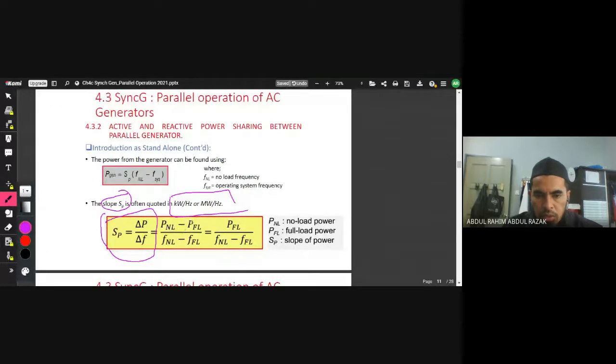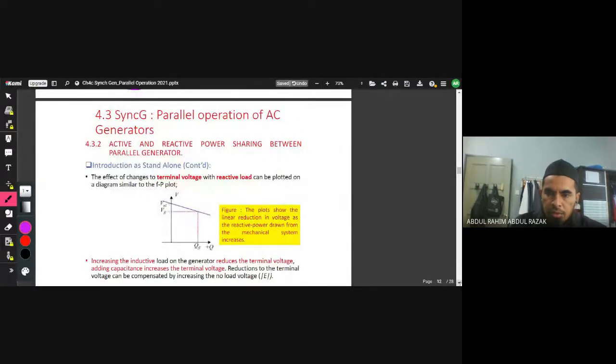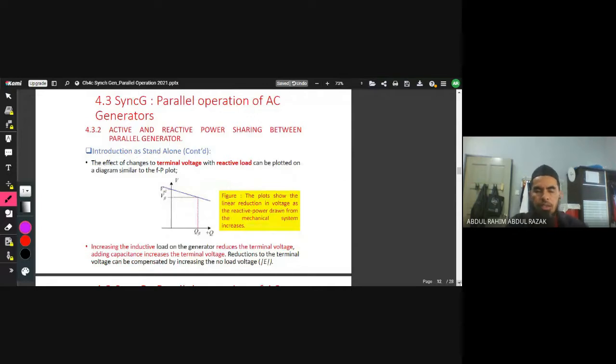No load is 0, so that's why we have only P at full load, divided by the frequency measured during no load minus the frequency during full load. So this is our slope. So P generated of the generator can be calculated from the slope times the frequency at no load minus the frequency of the system, where it is stabilized at, the system frequency we set, 50 hertz or 60 hertz. In Malaysia we have a 50 hertz system frequency.